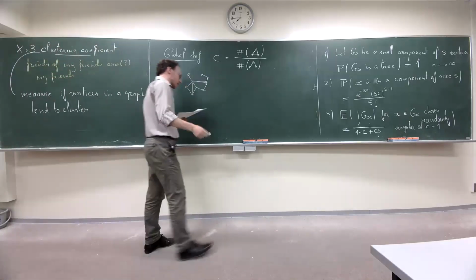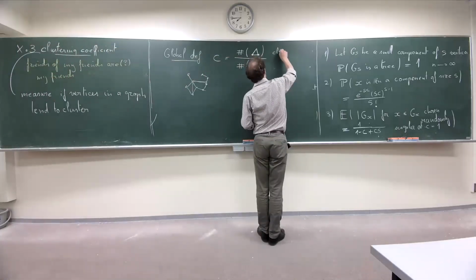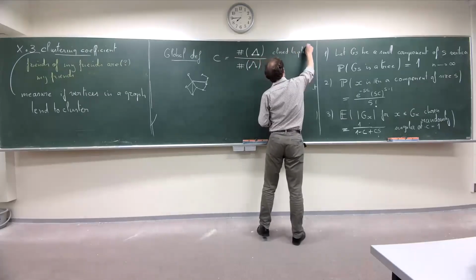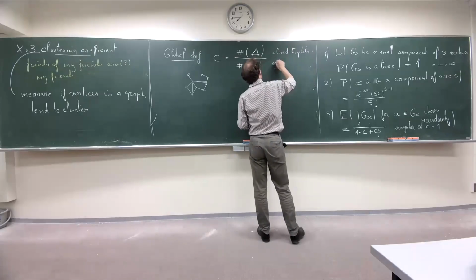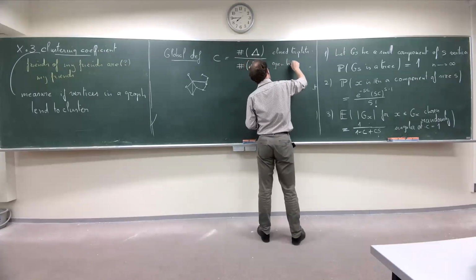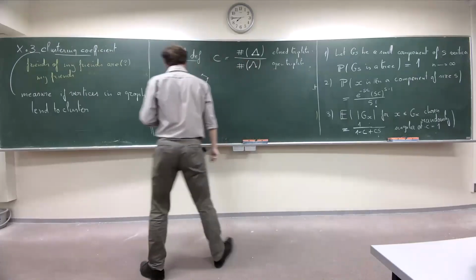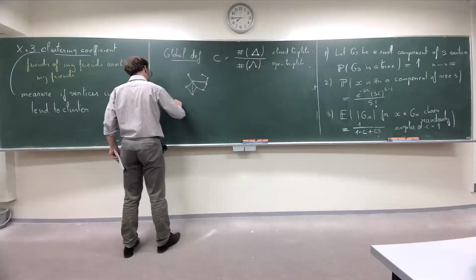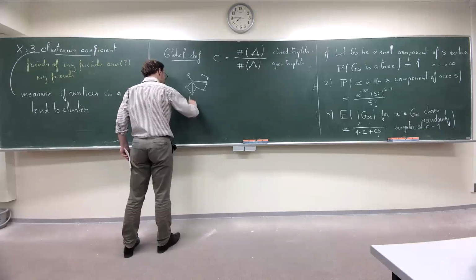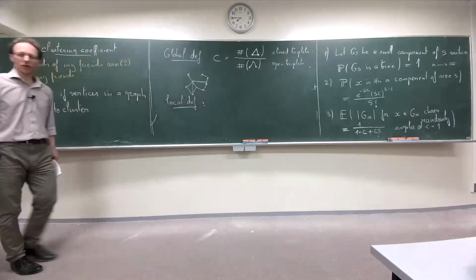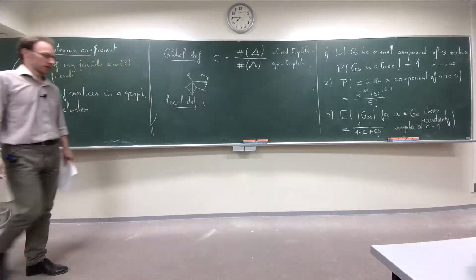This is called closed triplets divided by open triplets. Or you can do a local definition, because this is global, but sometimes we want to know around a certain X what the clustering at X is.